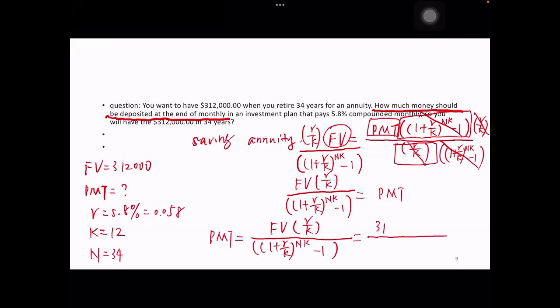Future value, that's 312,000, times R, that's 0.058 divided by 12. That's my numerator. Denominator: outer parentheses, inner parentheses, 1 plus 0.058 divided by 12, raised to the NK power, which is 34 times 12, and then minus 1, close outer parentheses.